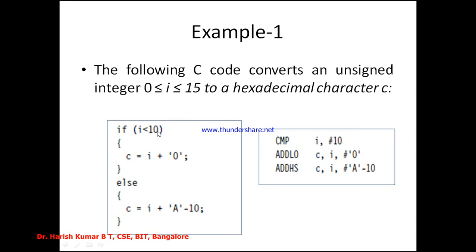Else, if it is not less than 10, say for example i is 10, then 10 less than 10 is false, and it comes here. Here we are subtracting 10 from the ASCII value of uppercase A. The ASCII value of uppercase A is 65, which in hexadecimal is 41.